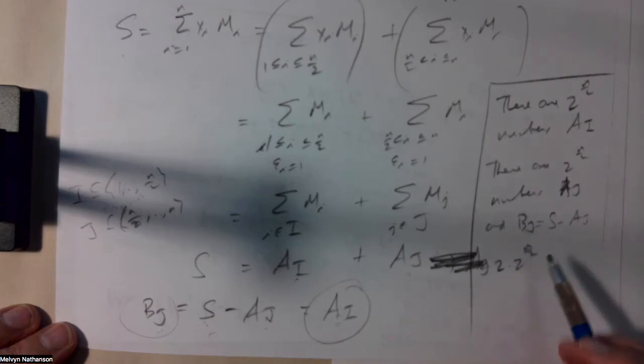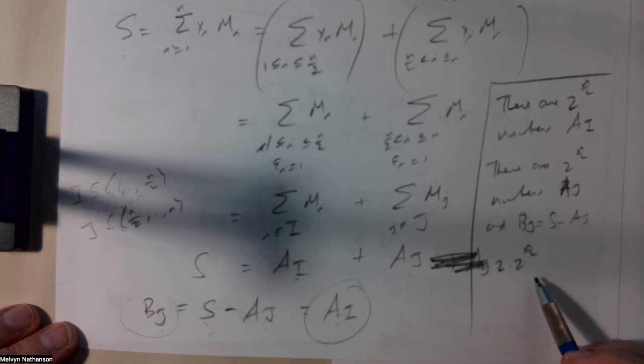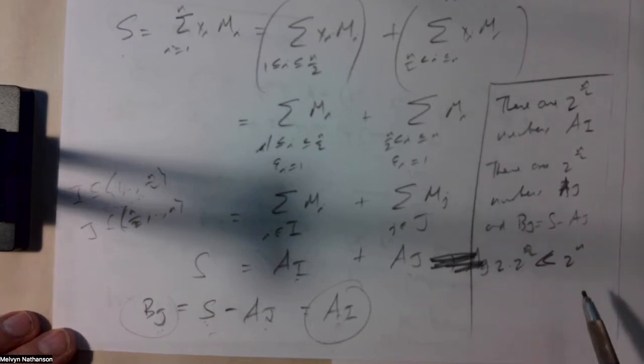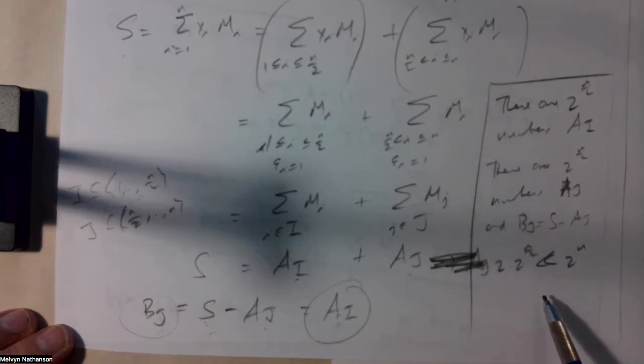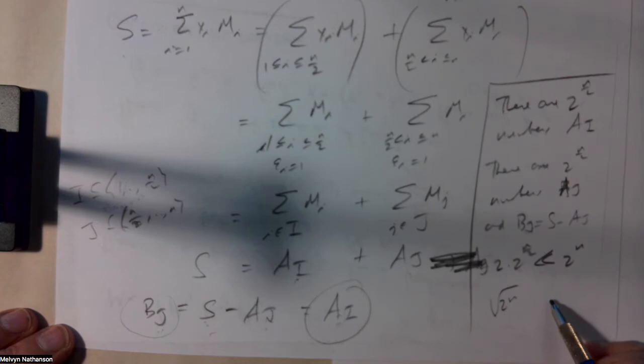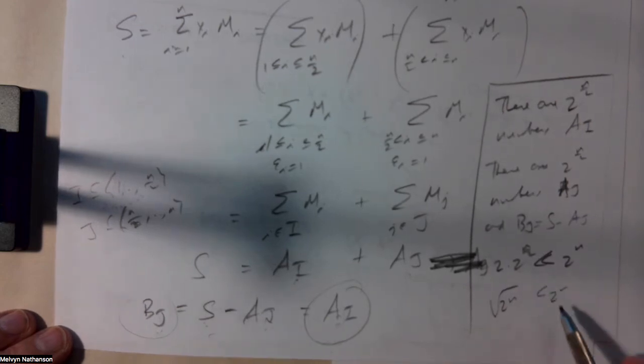So 2 to the n over 2, that's a lot smaller than 2 to the n. Much, much smaller. This is like the square root of 2 to the n compared to 2 to the n.